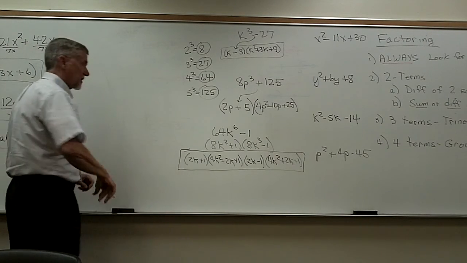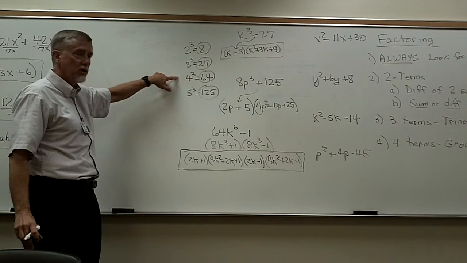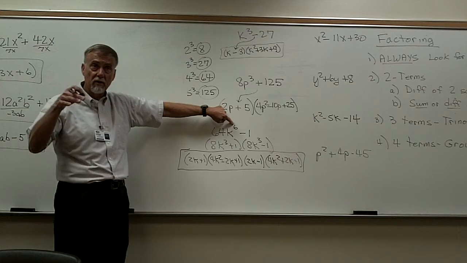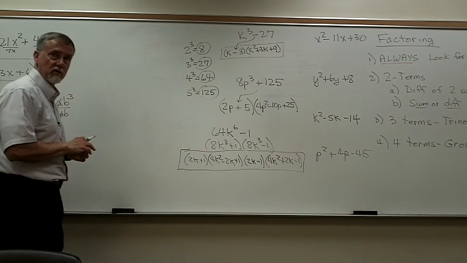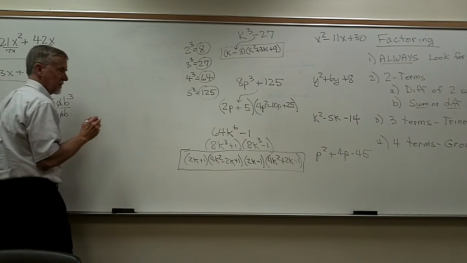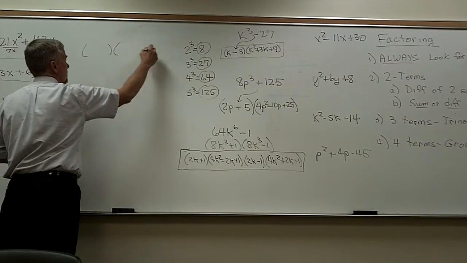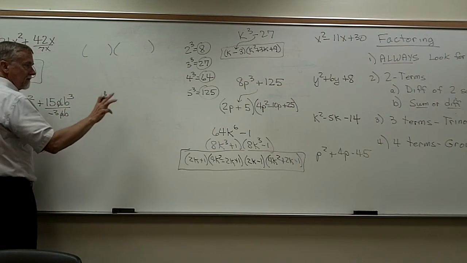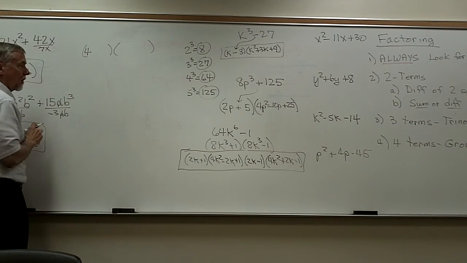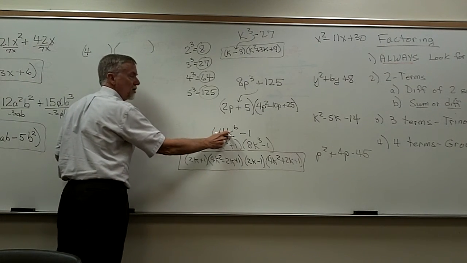So, since we had just talked about cubes, and since I'd written up here that 64 is one of my cubes, and since 6 is 2 used 3 times, some of you should have recognized that this is a difference of 2 cubes. So if it's a difference of 2 cubes, then I would start by using 4, the cube root of 64, right? So I start with a 4. What's the cube root of k to the 6th?